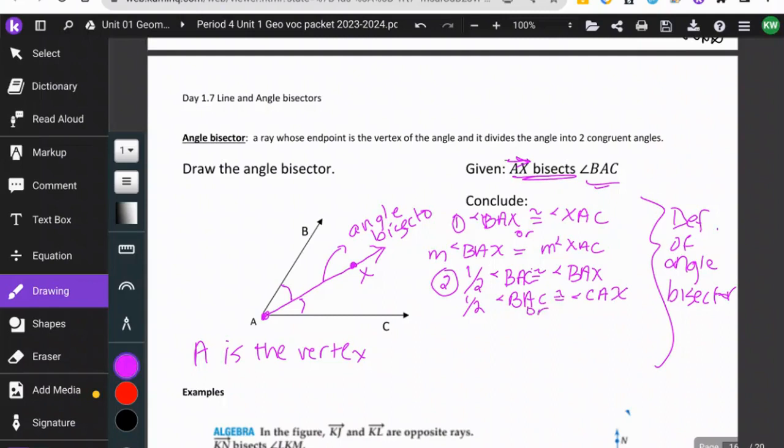Or we could do the same thing with measure of: one half the measure of angle BAC equals the measure of angle BAX, and half of the measure of angle BAC is also equal to the measure of CAX.